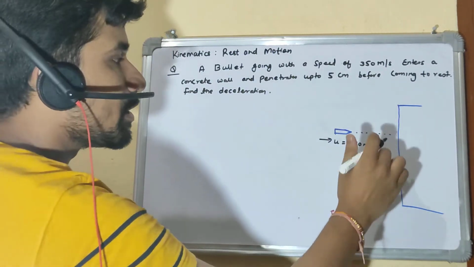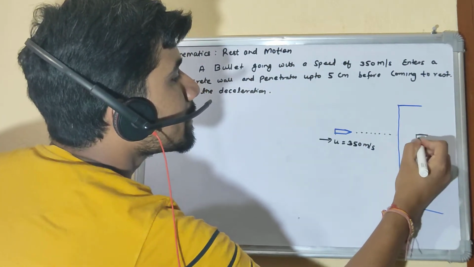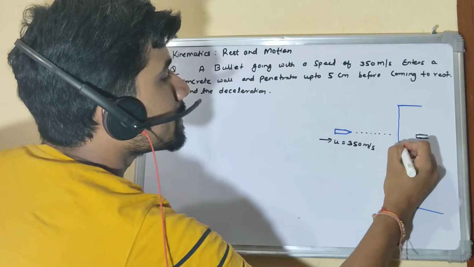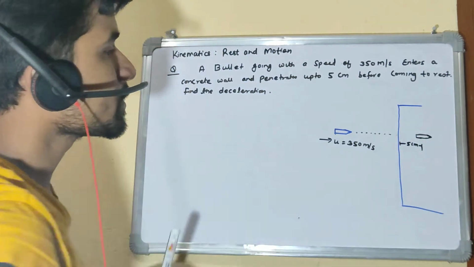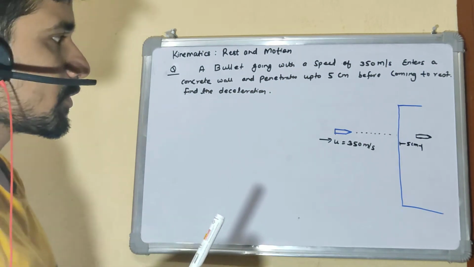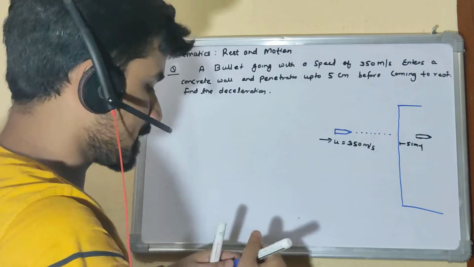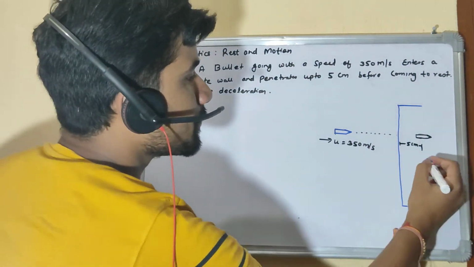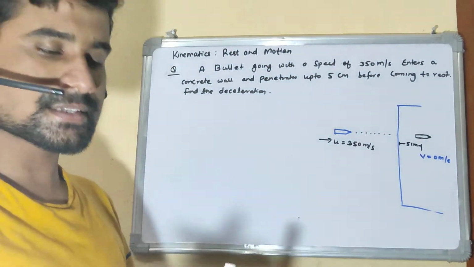It hits the wall and penetrates it, let's say this distance is 5 centimeter. So this bullet penetrates this wall till 5 centimeter, and at this particular state, my final velocity v is equal to 0 meter per second. It has come to rest, right?